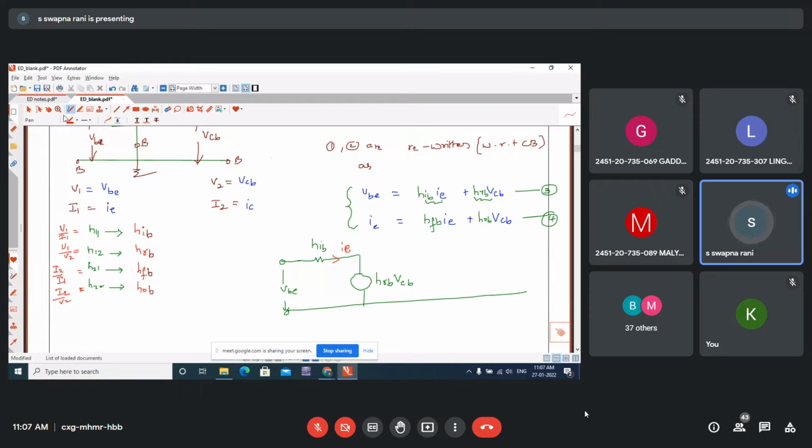And coming to the output circuit, the collector current IC is the sum of the current, 1 by HOB.